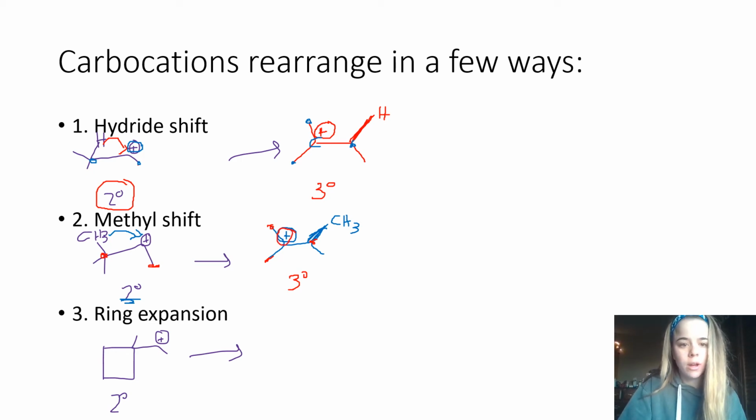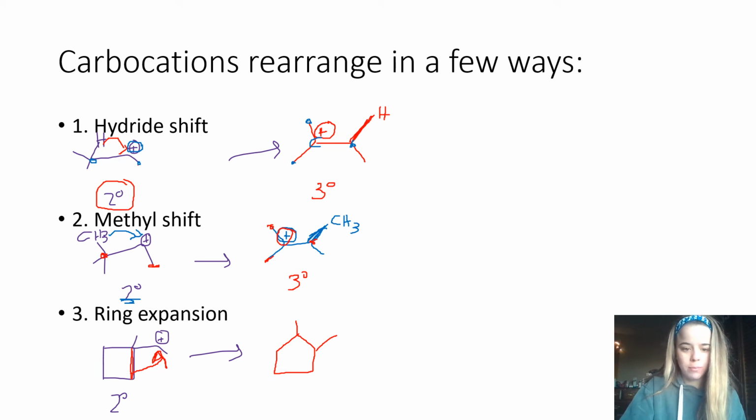The third way the carbocations can rearrange is through a ring expansion. So this bond right here is going to attack the positively charged carbon, and this is going to form this.